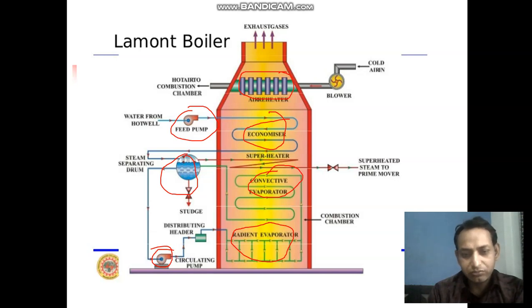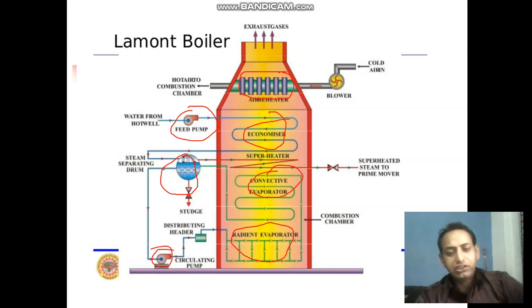Again this steam or mixture goes to the convective evaporator, and here this mixture is converted to saturated steam and goes to the steam drum, where the steam is separated out. Finally it goes to the superheater, and the steam gets superheated by the flue gases and is further utilized to run the prime mover.